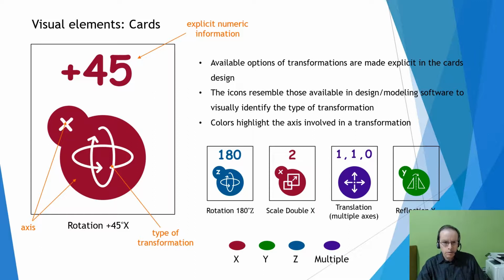Also, we have selected some icons that resemble those available in design modeling software to visually identify the type of transformations. And the numeric information is very explicit when it is needed. For example, the number of degrees of rotation, the factor of scales, or the distances in translations.